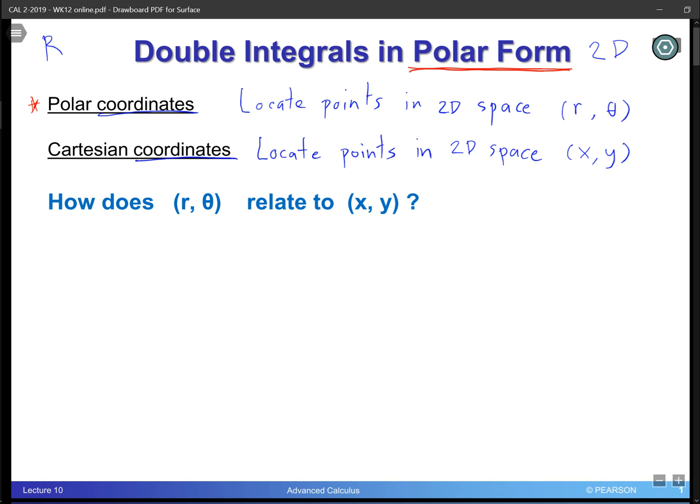Now the thing is, these two have the same purpose, locate points, which means that x and y have to be related to r and theta somehow. So the question is, how are r and theta related to x and y?